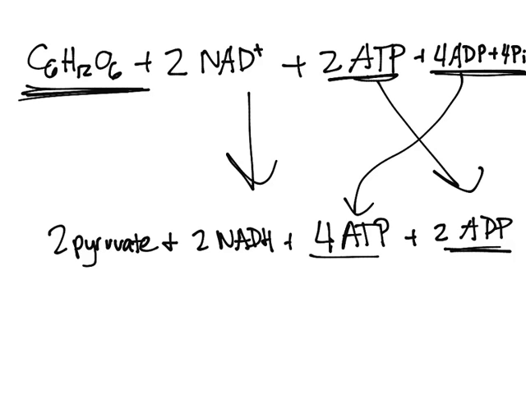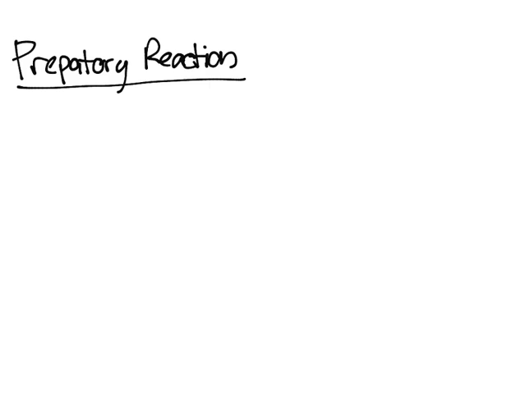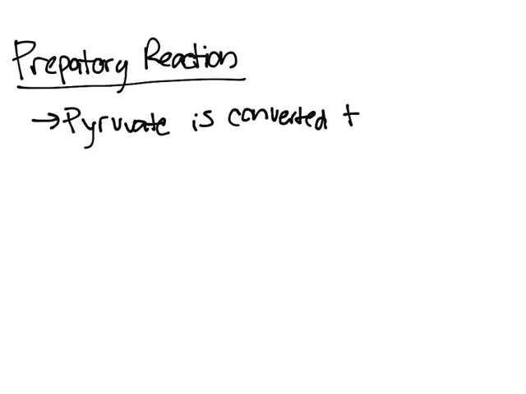And so now let's talk about the preparatory reaction. Let me clear this. And so as I said before, it occurs in the mitochondrial matrix, in the mitochondria. And what happens is the pyruvate is converted to a 2-carbon molecule. Remember that pyruvate before was a 3-carbon molecule, and so essentially a carbon is removed.